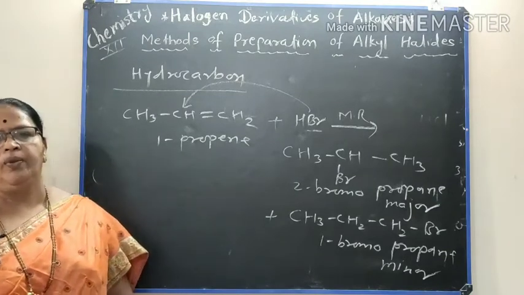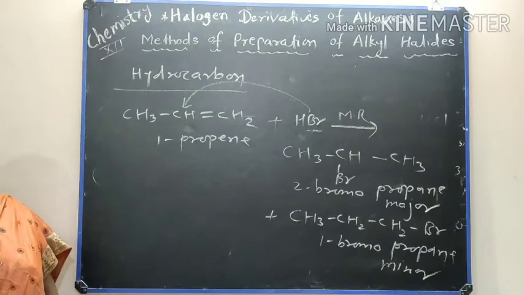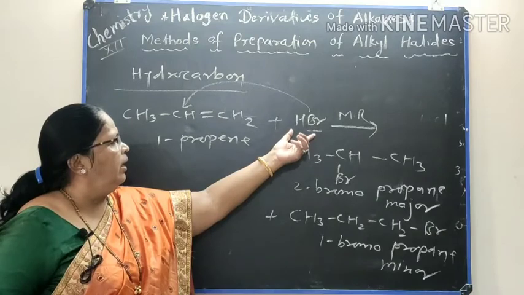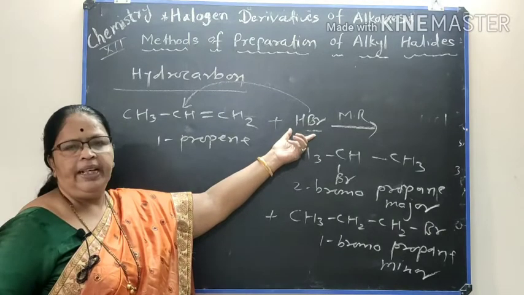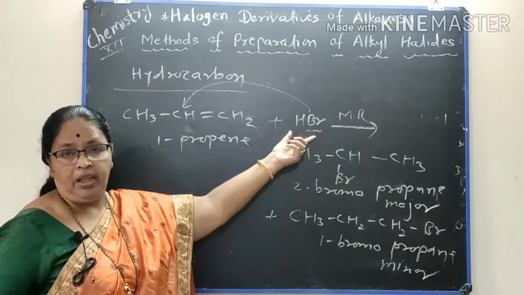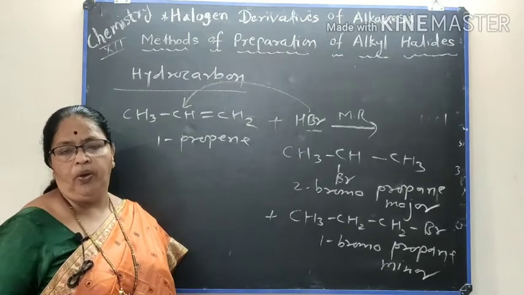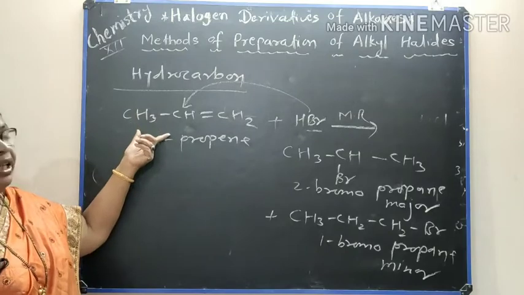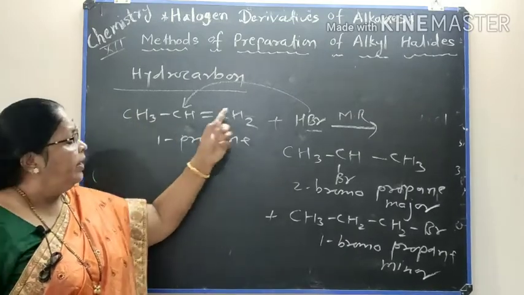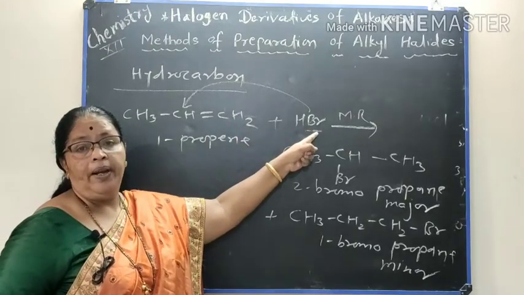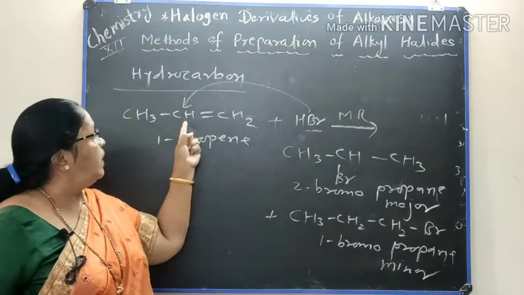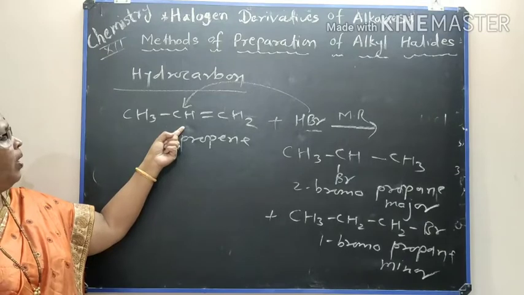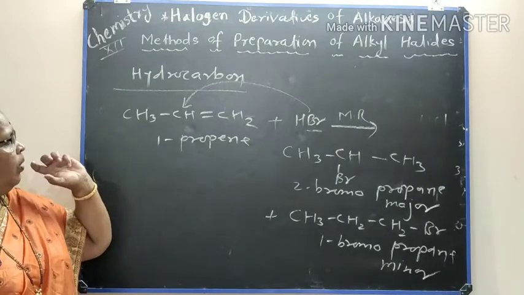What is Markovnikov's rule or statement? When an unsymmetrical reagent such as HBr, H2SO4, or HOCl is added to an unsymmetrical alkene, then the negative part of the haloacid goes to the carbon atom which has the least number of hydrogen atoms.